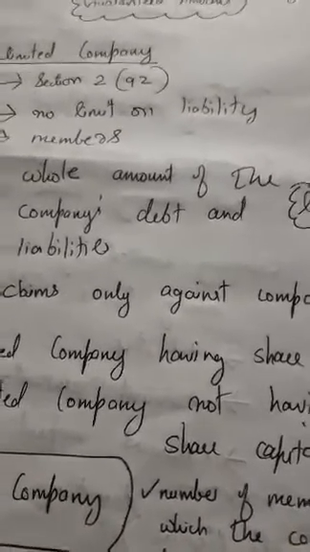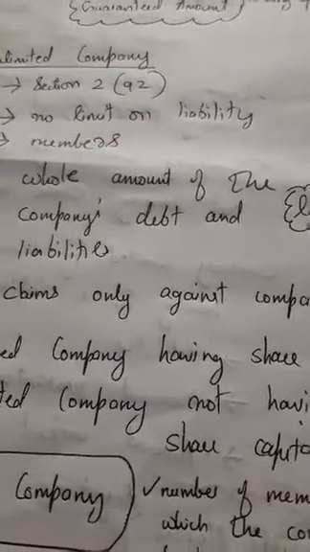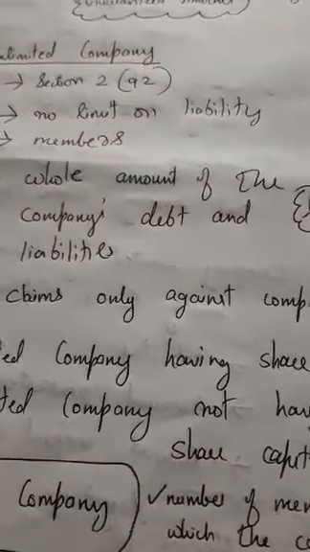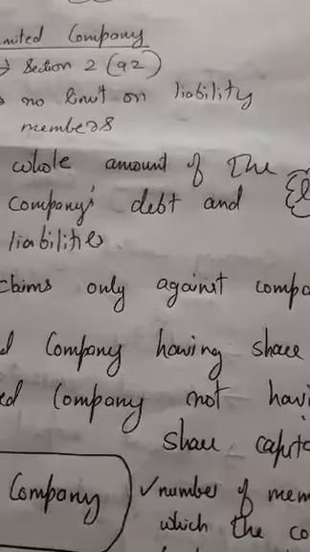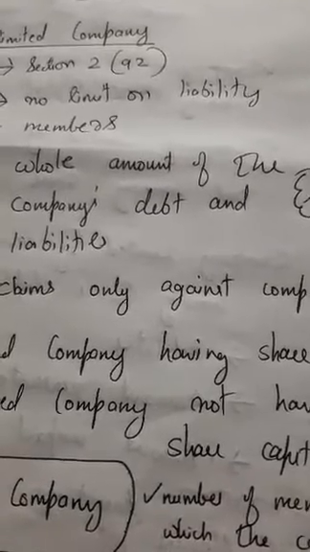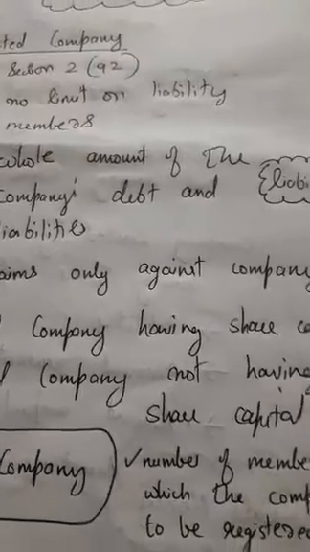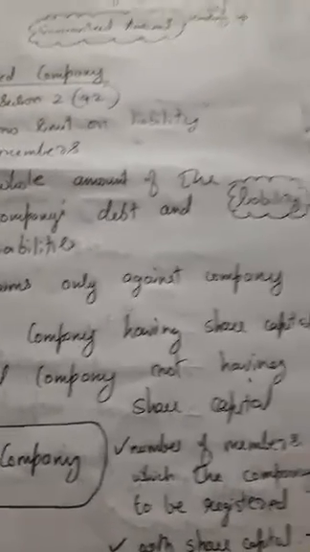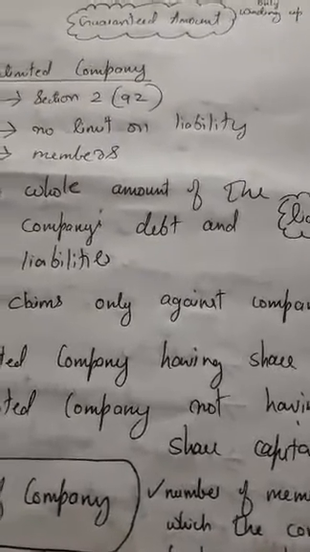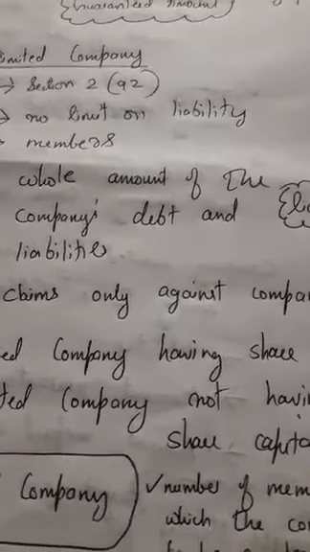They cannot make a claim directly against the members, but the claims can be made directly against the company. However, the liability of the member extends to the whole amount of the company's debt and liabilities.